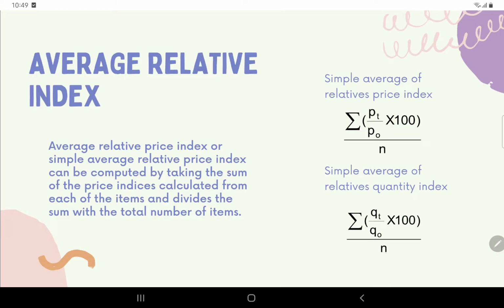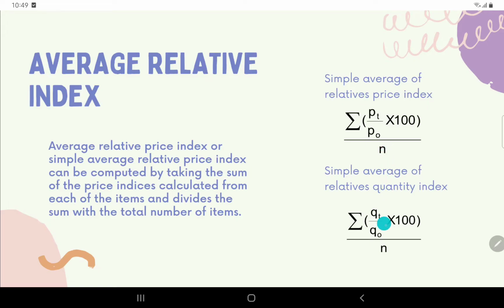You can see here, this formula is the same as before, but when we want to calculate the average, we need to sum up the total and then divide by n.